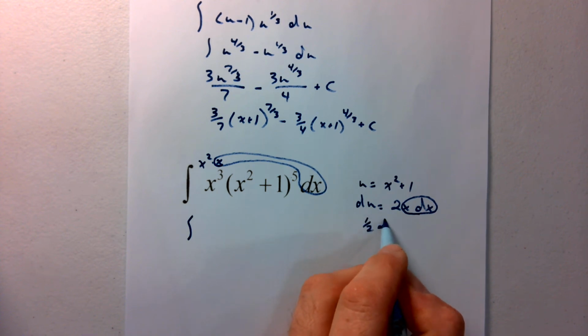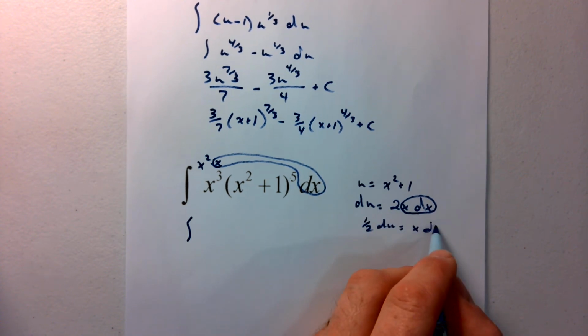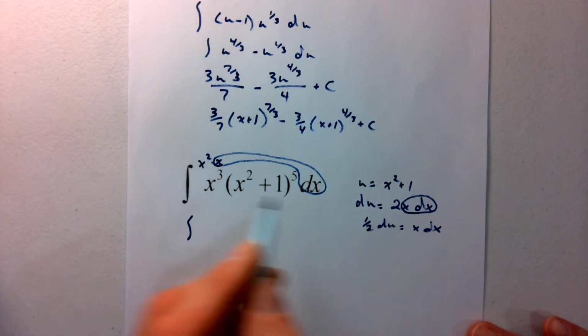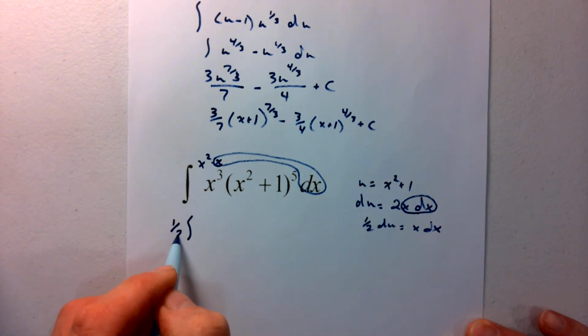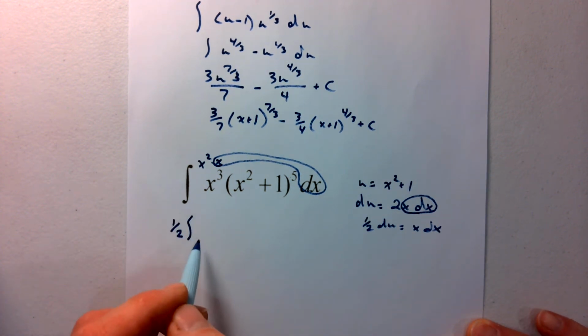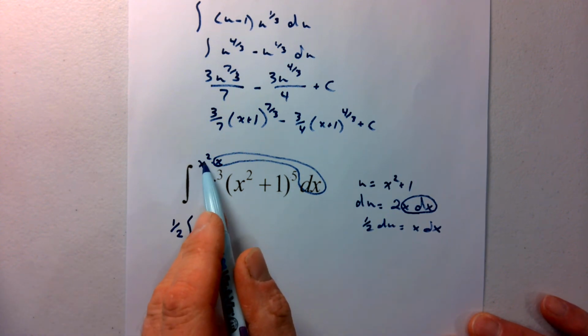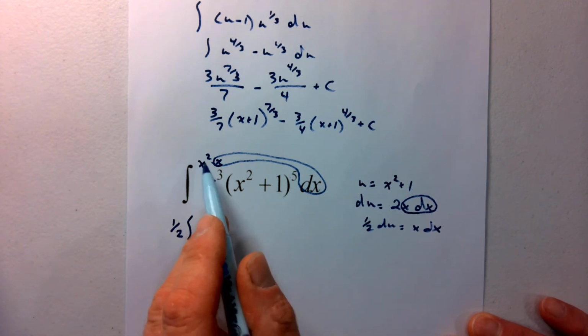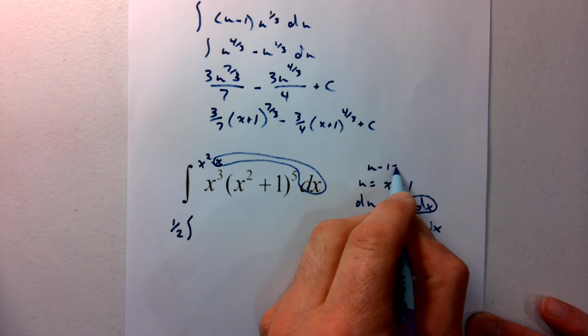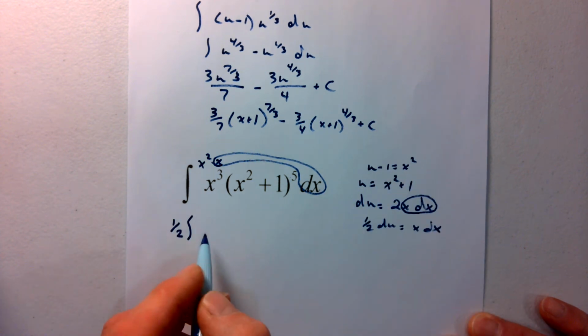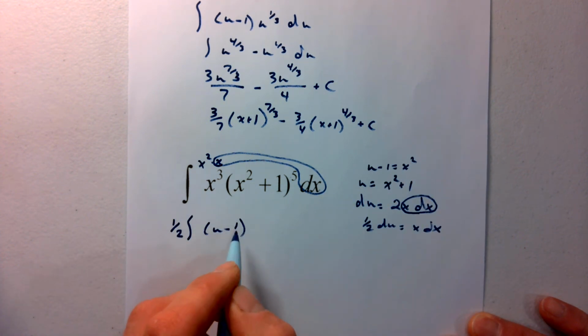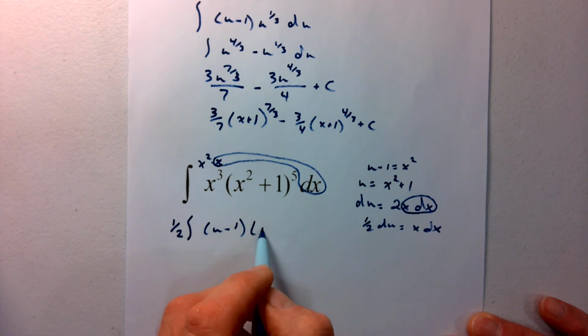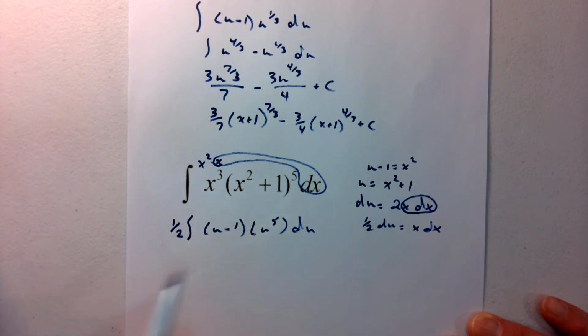So I have a half du is going to equal x dx. So my integrand becomes 1/2 times the integration of, I have that x squared. What do I have about x squared? x squared equals u minus 1. So u minus 1 times u to the 5th du.